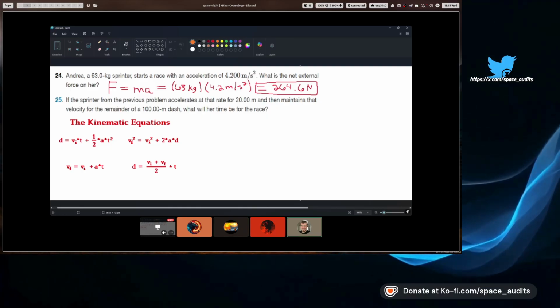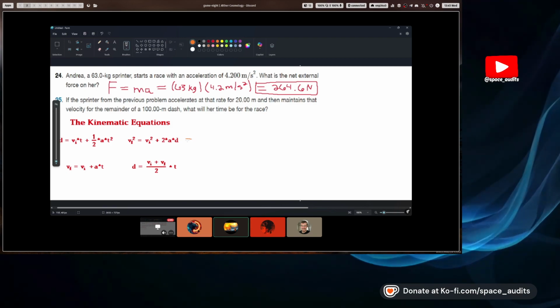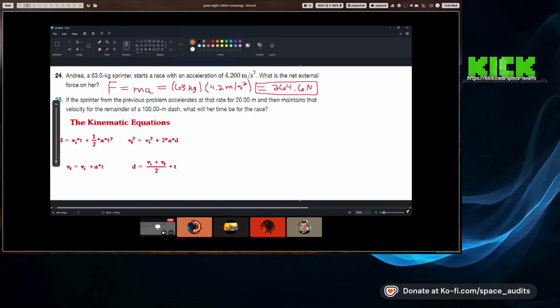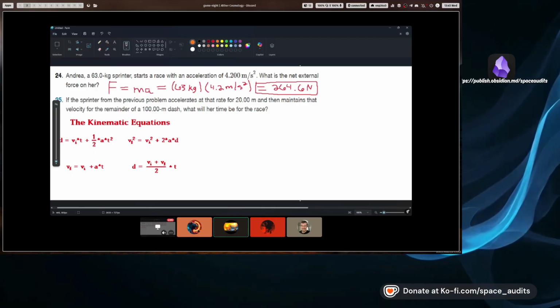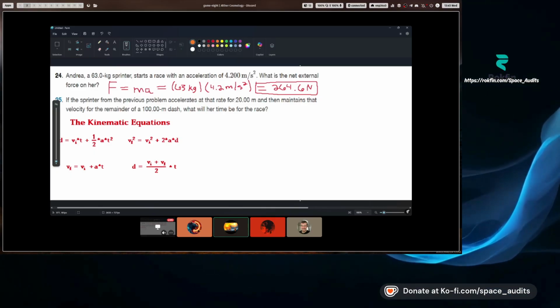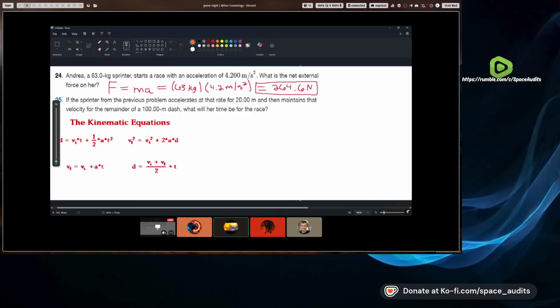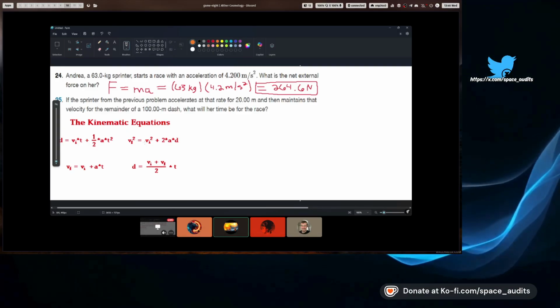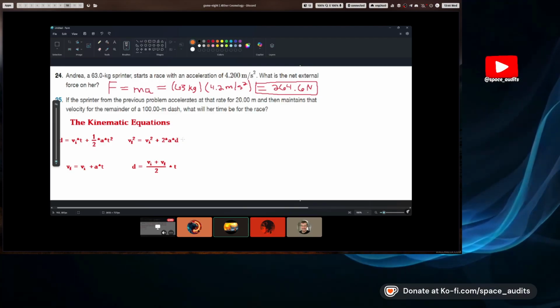So we're going to say velocity final, that's what we're looking for, is the velocity after we accelerate for 20 meters. Velocity final squared equals velocity initial squared plus 2AD.